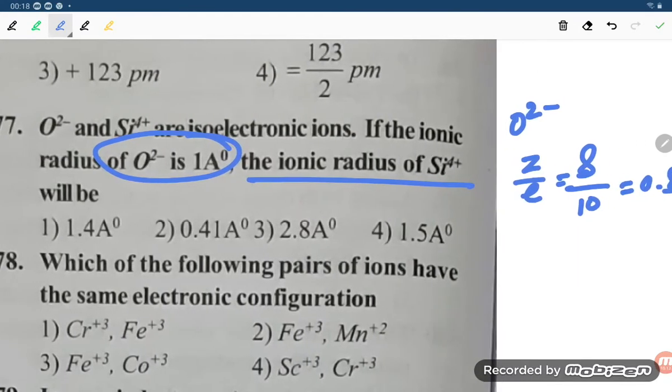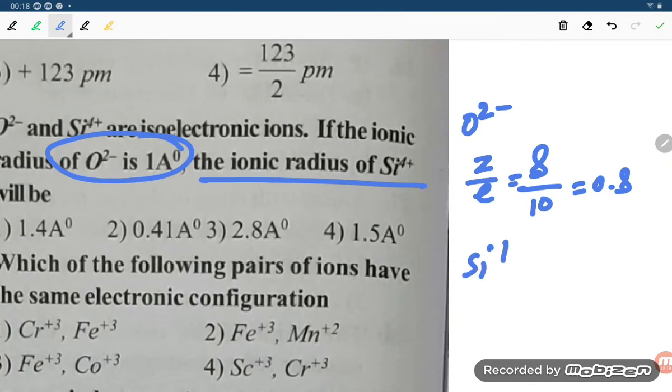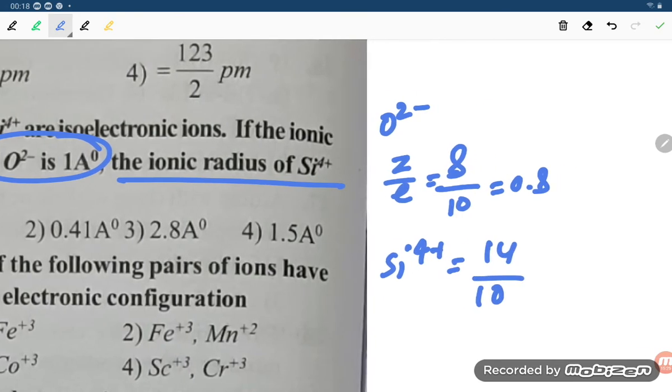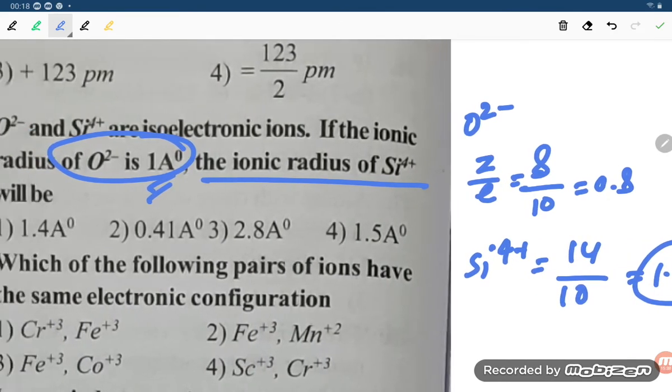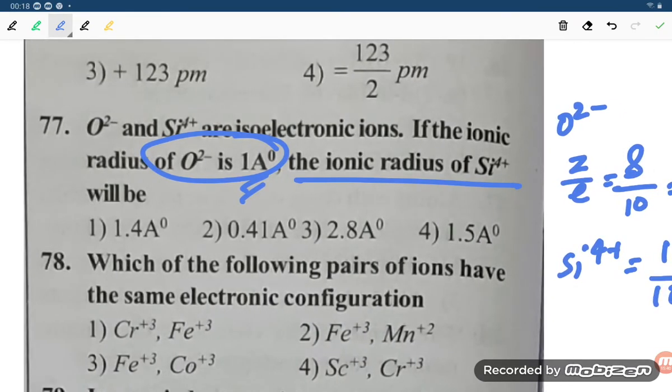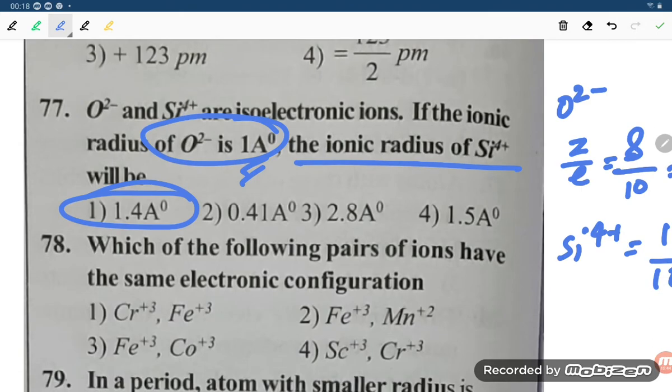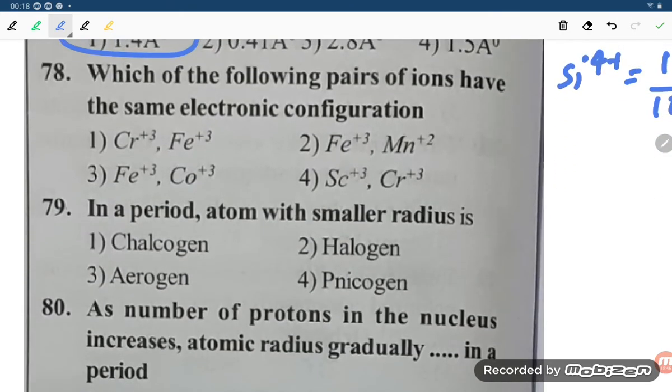For Si4 plus, that is 14 upon how many electrons? 10. So it is coming 1.4. Okay, student, they are saying 0.8 is equal to 1. So if 0.8 equals 1, then 1.4 equals this. This will be the answer for question 77, option number 1.